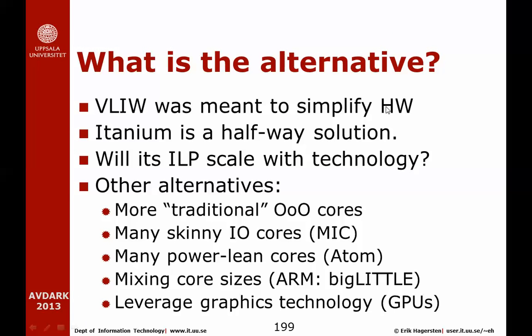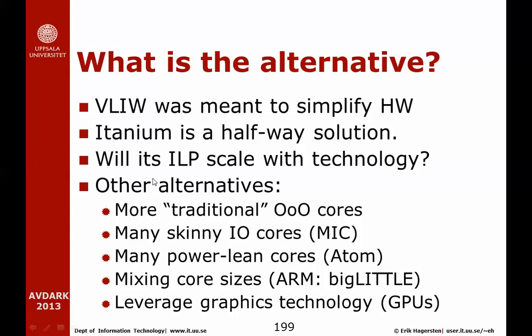VLIW was meant to be simple hardware, but as you saw on the previous slide, it's a monster hardware. It is playing all the tricks but the out-of-order trick, and relying on compilers to some extent to do all the heavy lifting for you. But on the other hand, they don't completely trust compilers, so they threw in branch prediction and so on. So in some sense, Itanium is a halfway solution.